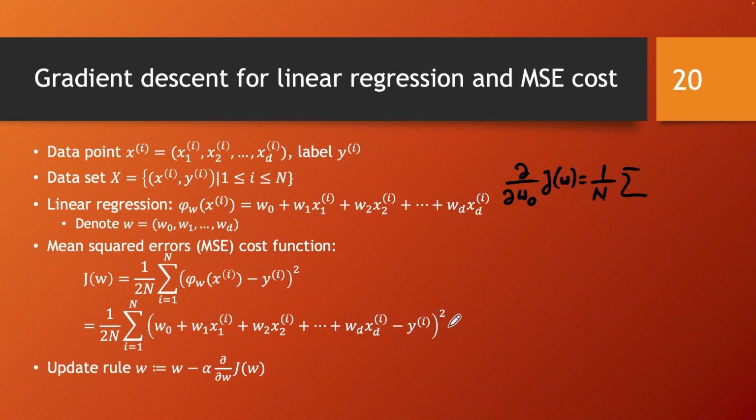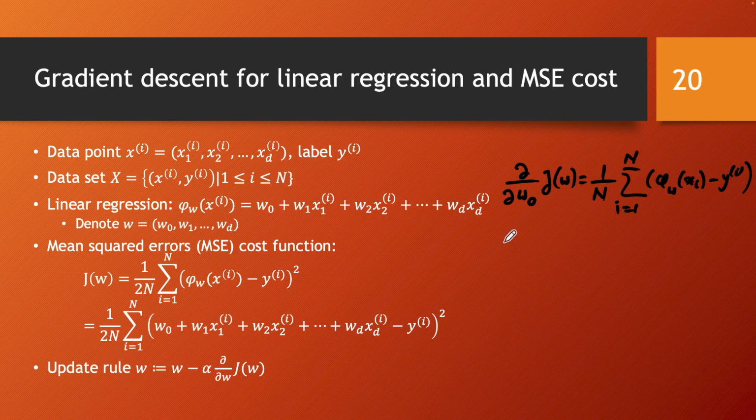Then it's multiplied by the partial derivative of this term with respect to w0. But w0 is only here, so that gives me 1. In other words, I have this parenthesis times 1, and this parenthesis is exactly phi w of xi minus yi, and this is a sum from 1 to n. So that's all there is to it.